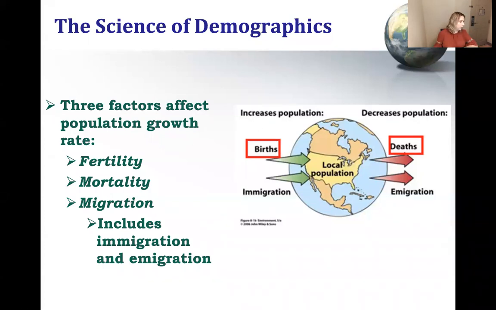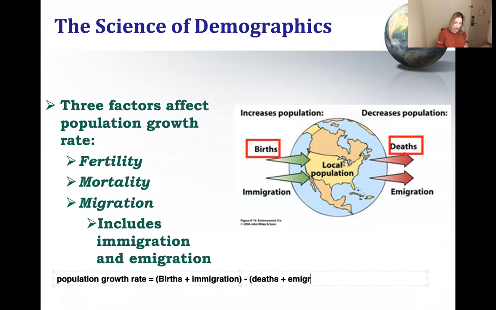So I'm going to write down the equation for you. Population growth rate equals, we're going to say, births plus immigration, people coming into the area, minus deaths plus emigration.